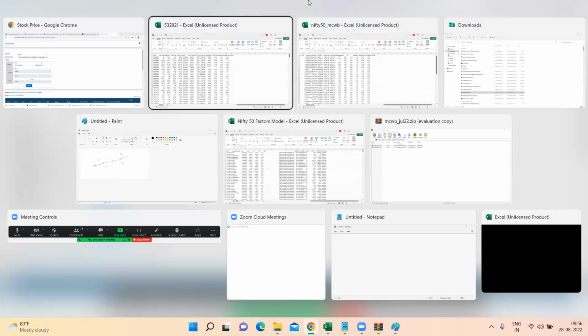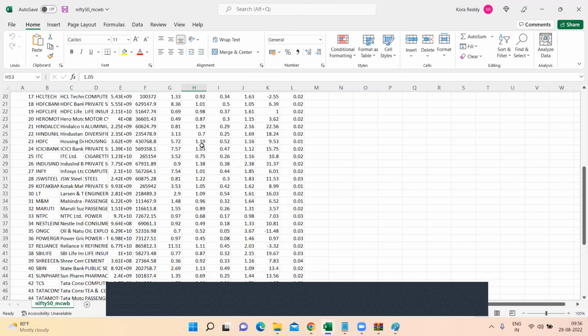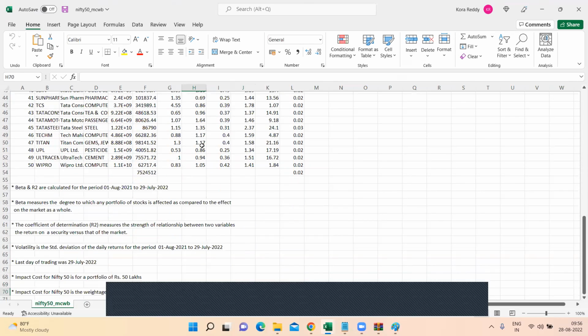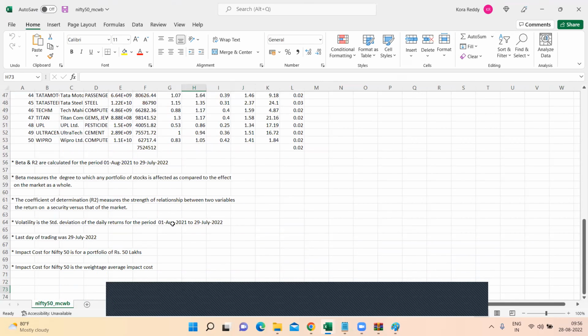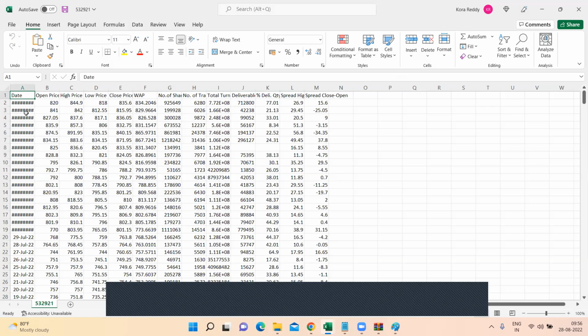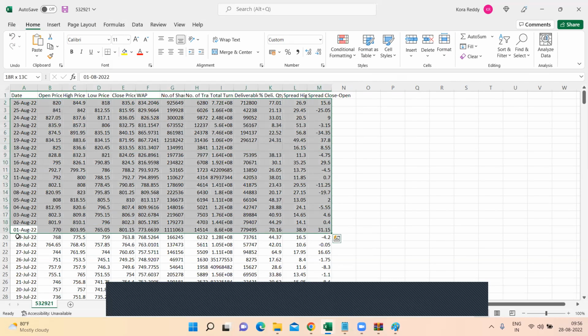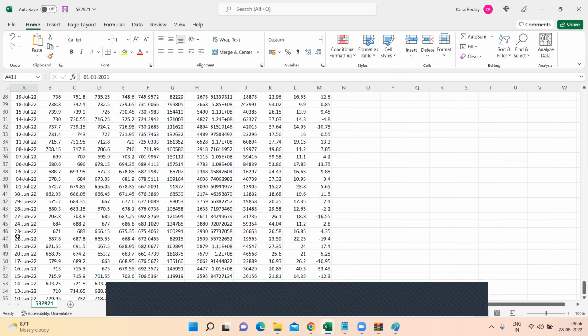This file would have calculated on 1st August 2021 to 29th July 22. We'll delete this and we'll come back to 1st August.